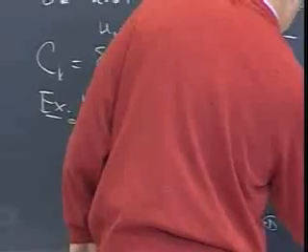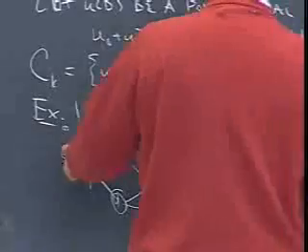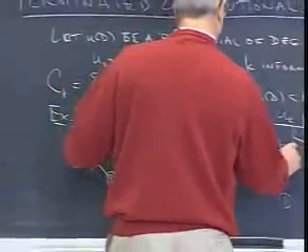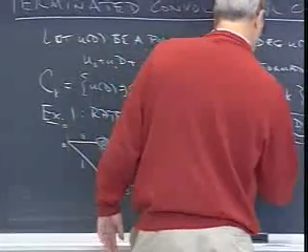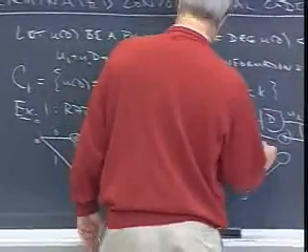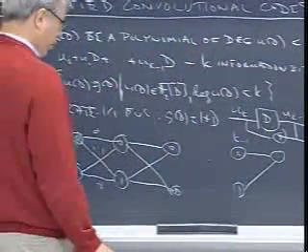And then finally, at some time, say this is time k, or maybe it's time k minus 1. Time index is always a little fuzzy here. We don't put any more ones in.